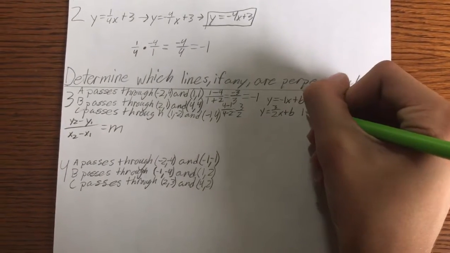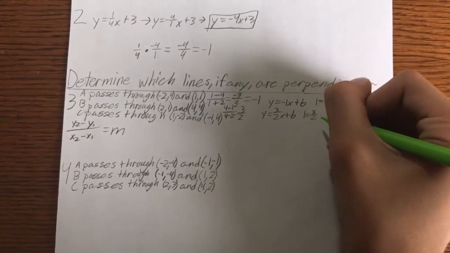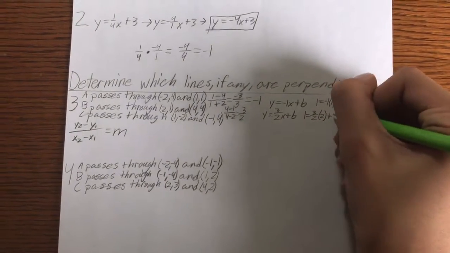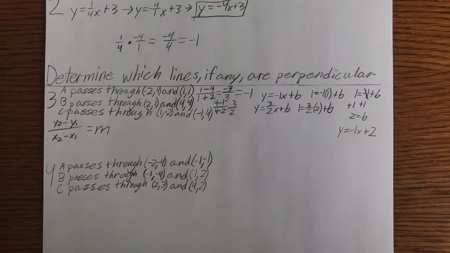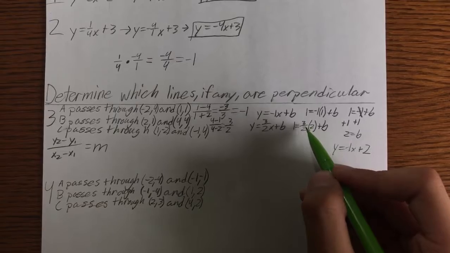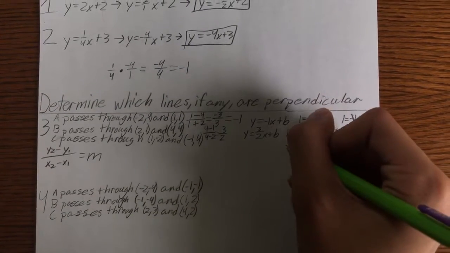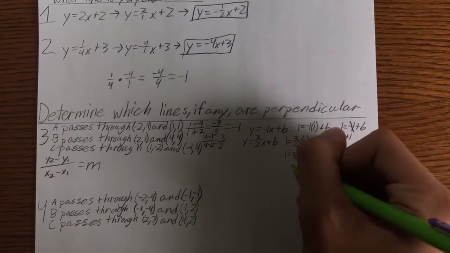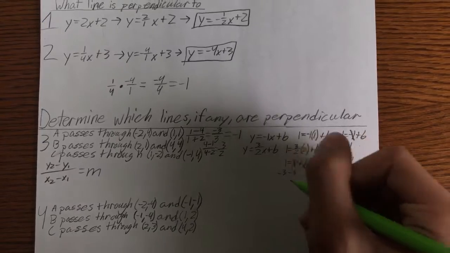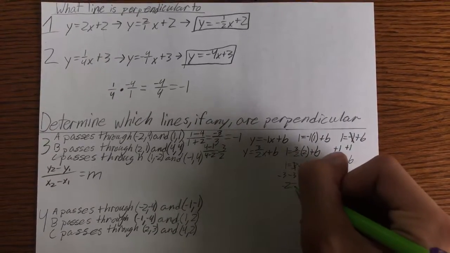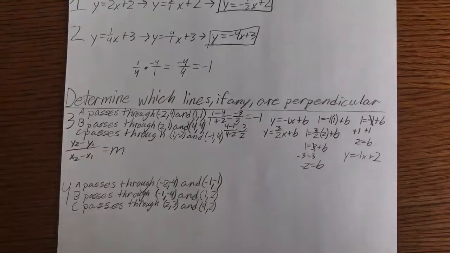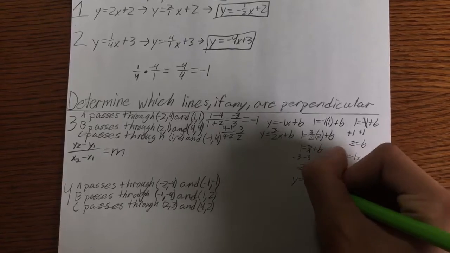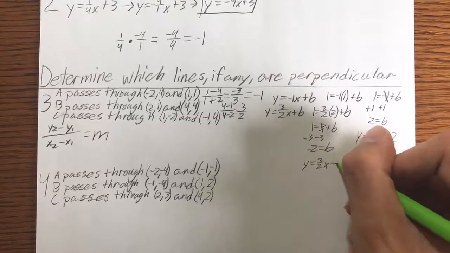So 1 is equal to 3/2 times 2 plus b. Now we can simplify 3 over 2 times 2, which is 1 is equal to 3 plus b. Then we minus 3 on both sides, and negative 2 is equal to b. So now we just plug in b. Y is equal to 3 over 2x minus 2.